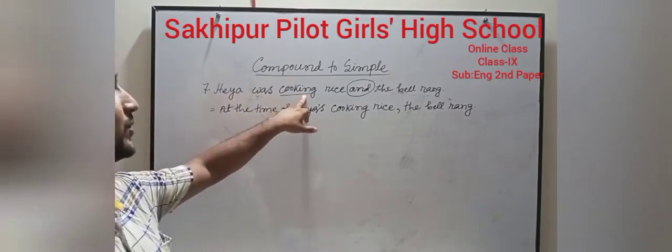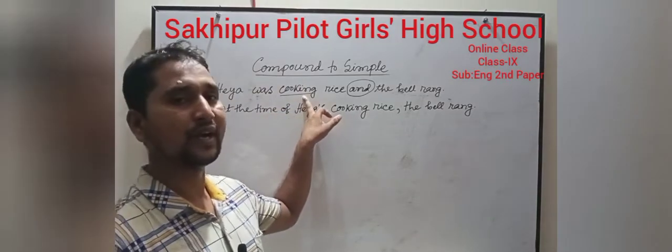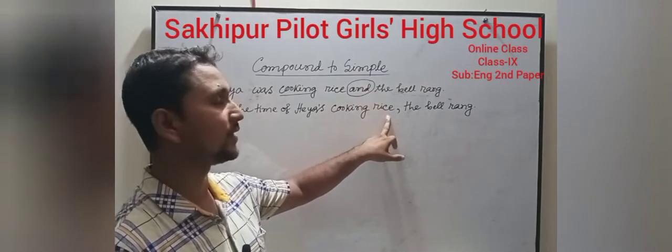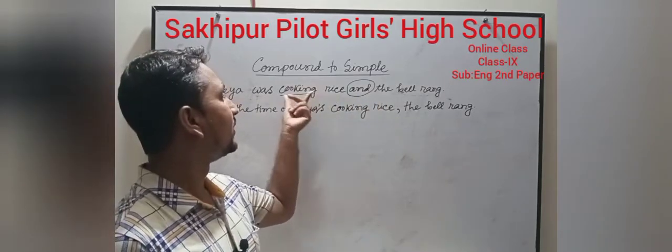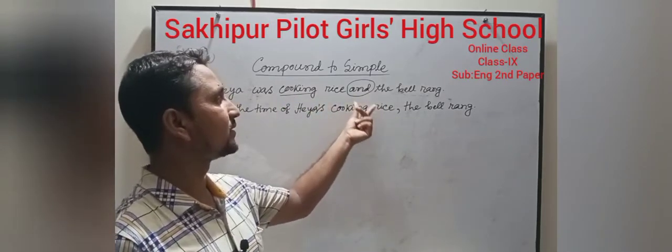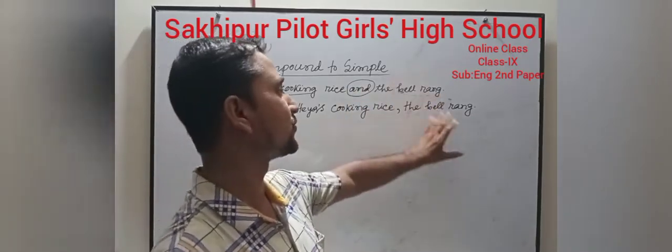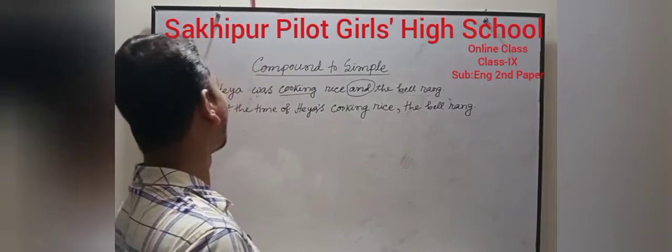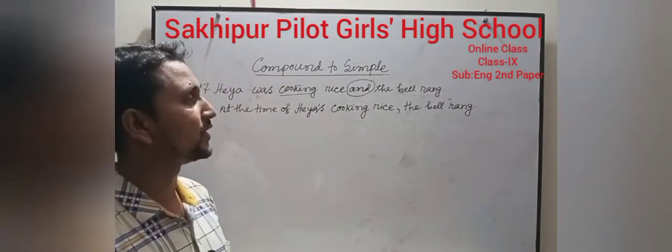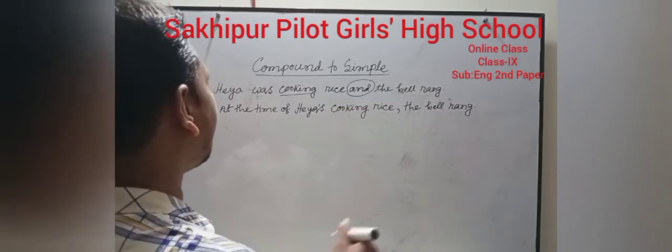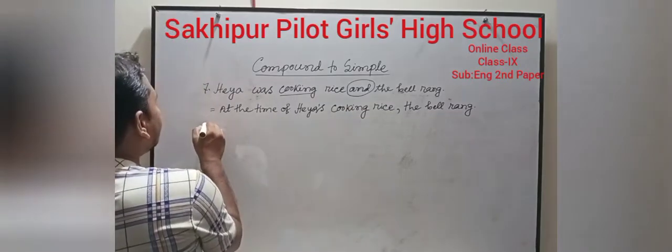Then you have to write ing form of verb, cooking rice. Instead of and you have to use comma, and the second clause will not be changed. At the time of his cooking rice, the bell rang. Next, come to the another rule.